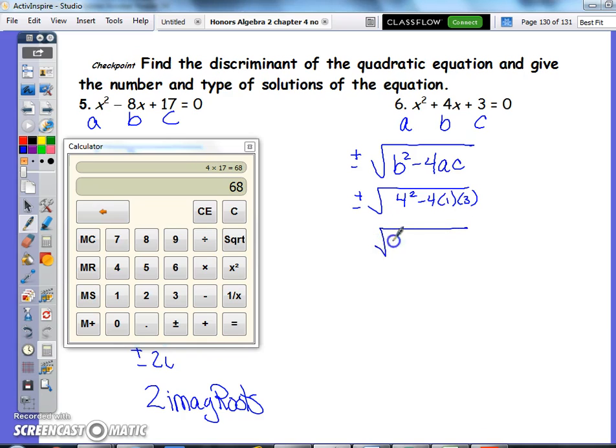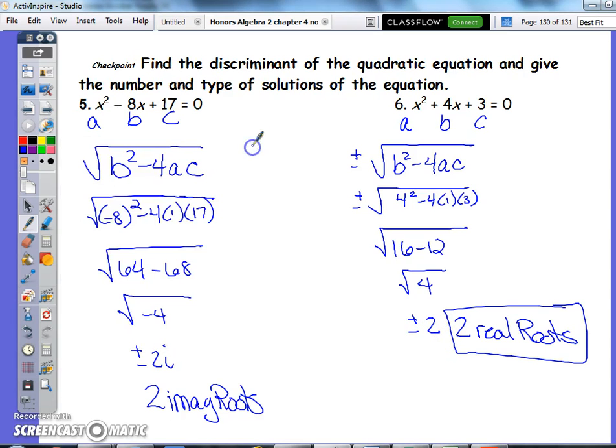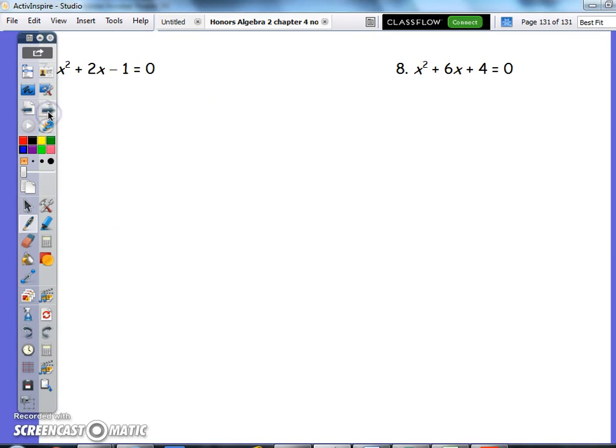The square root is 2, plus or minus, so two real roots. That's what you're getting. By the way, the root is not 2. You'd have to find the root by doing the whole quadratic formula. But since it's positive, you know two roots exist. Just like plus or minus 2i is not the root, we just know that they're imaginary.